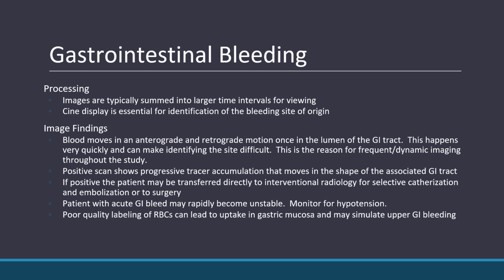And the patient with an acute GI bleed may rapidly become unstable, so you'll need to constantly monitor them for hypotension and never let them get up and go to the bathroom by themselves. If they are getting up, they need to sit up slowly and then sit there for a minute to make sure they're not going to pass out. Poor quality labeling of the red blood cells can lead to uptake in the gastric mucosa and may simulate upper GI bleeding.